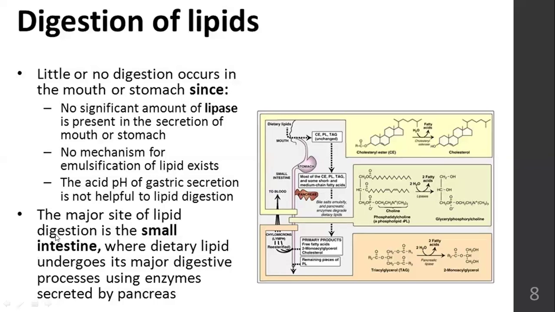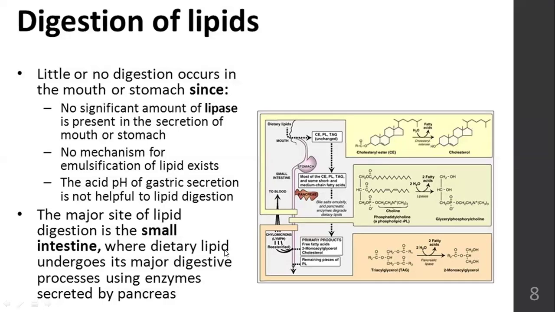The major site of your lipid digestion and breakdown is your small intestine. In the duodenum, the pancreatic enzymes, especially lipase, will get mixed with your food, and that's where the slow breakdown of the fat will start. Bile secretion is also done in the duodenum.